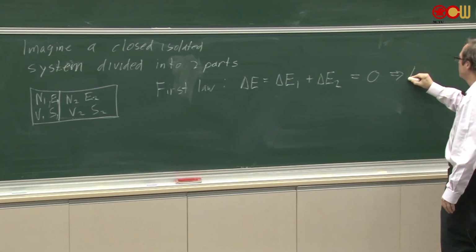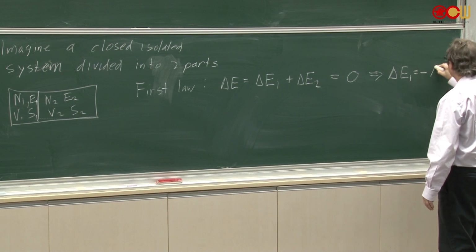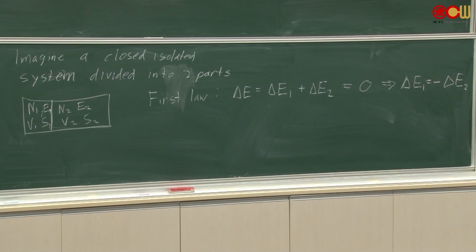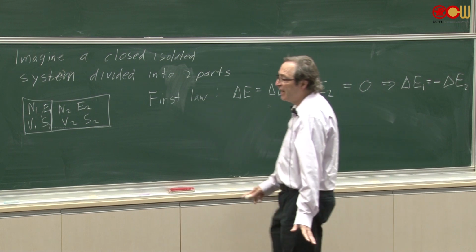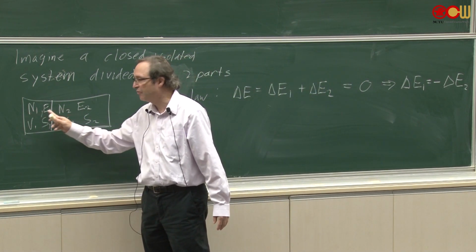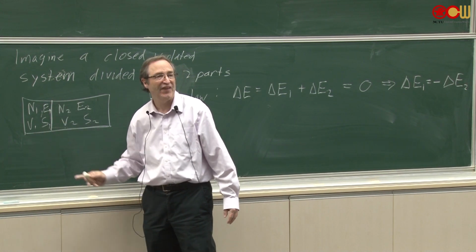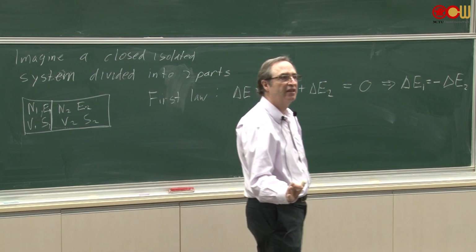So that implies delta E1 equals minus delta E2. Now, nothing else changes. N1 and N2 don't change. They're not allowed to go through this barrier. V1 and V2 don't change. This barrier is fixed. Only energy can go through.